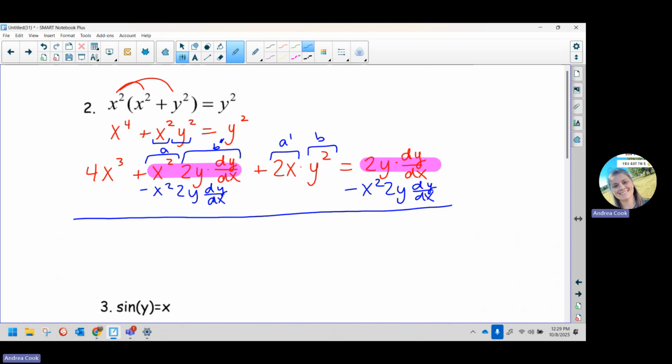Okay, so I'm here. 4x cubed plus 2xy squared. And then on the other side, I have 2y minus, I'm going to bring that 2 in front. 2x squared. Oops, forgot my dy over dx.